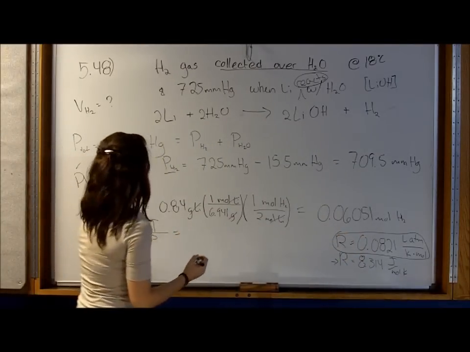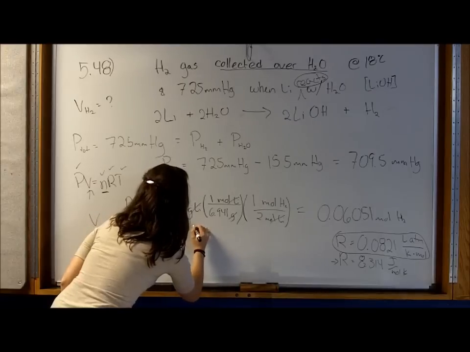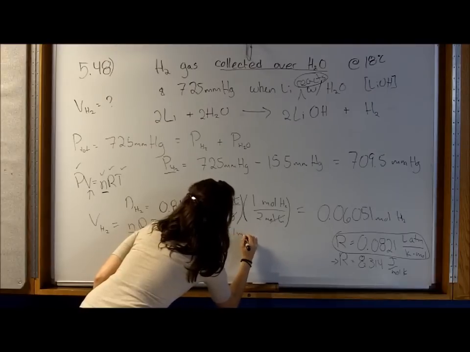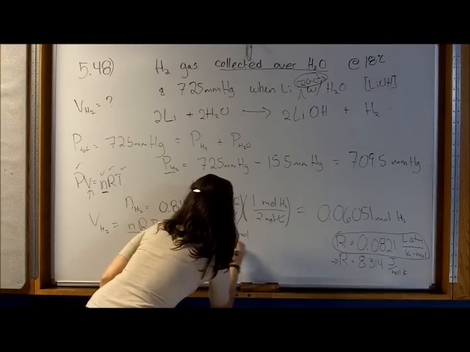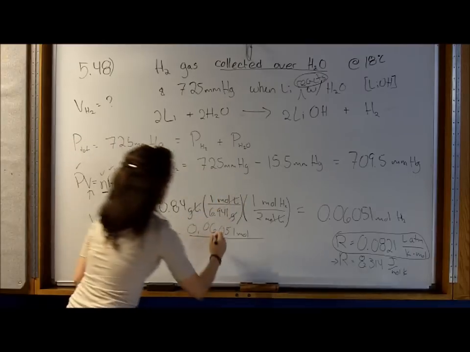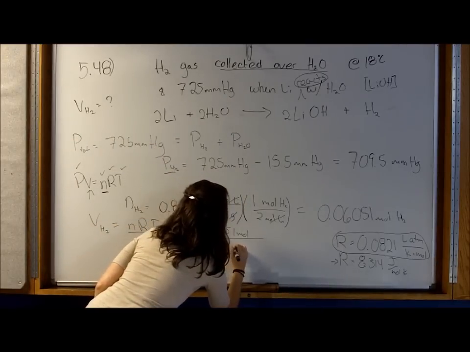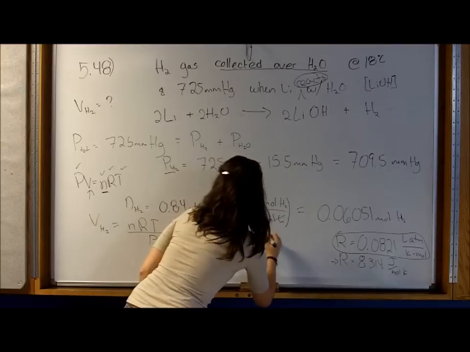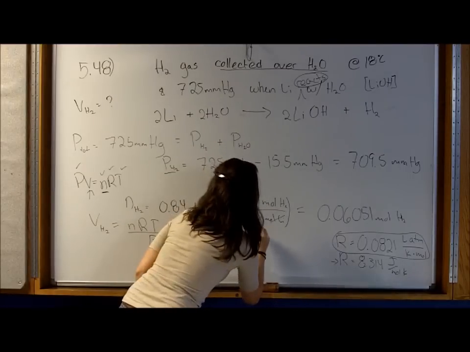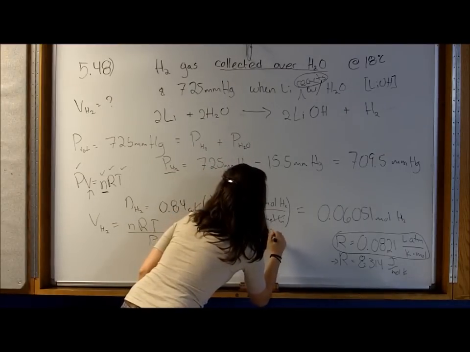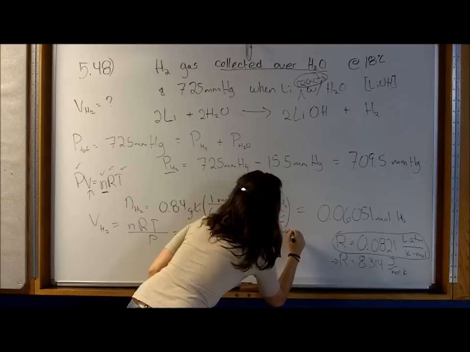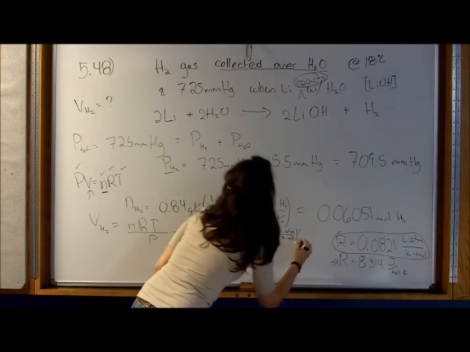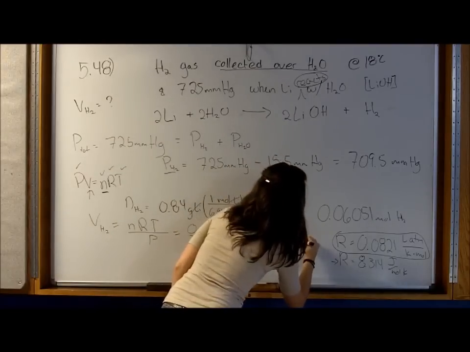So we're going to plug in all of our values, which is 0.06051 moles times our gas constant, which is 0.0821 liters times atmosphere over kelvins times moles, and that is times temperature, which is 18 degrees Celsius, all over pressure, which is 709.5 millimeters of mercury.